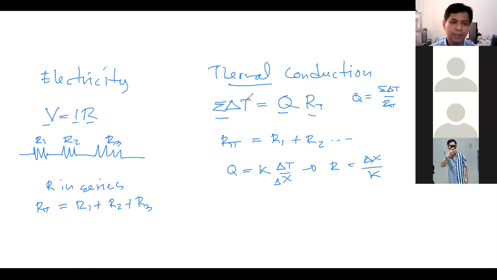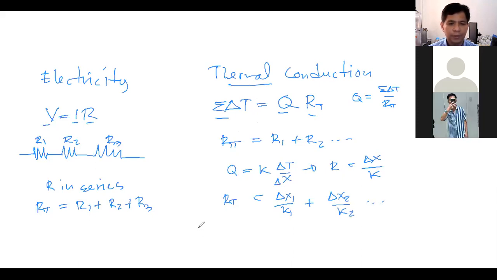So kaya pag thermal conduction, pag series, yung R total nagiging delta X1 divided by K1 plus delta X2 divided by K2 and so on.